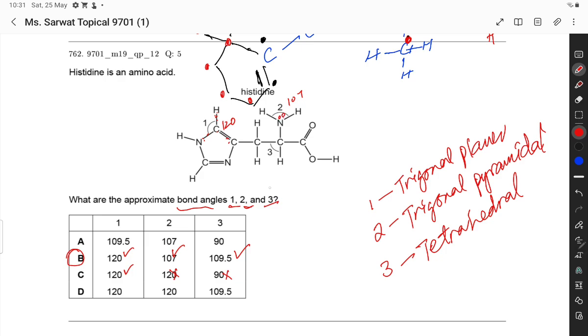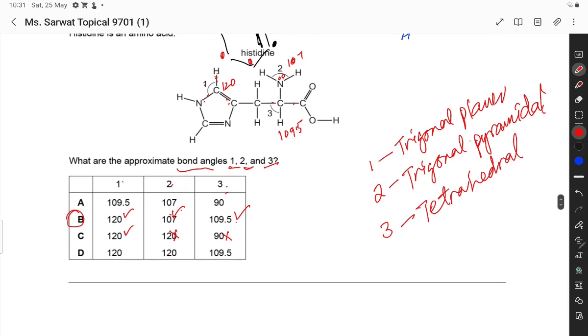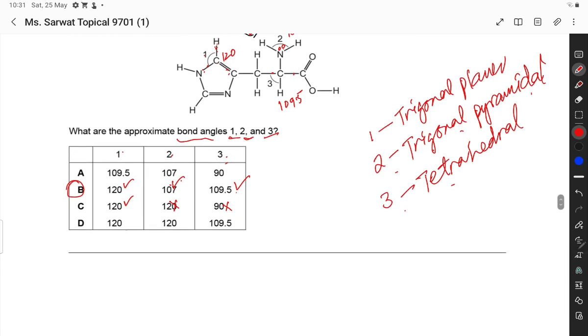This is trigonal pyramidal, so this is 107, and 3 is 109.5. So 1 is 120, 2 is 107 and 3 is 109.5. So 1 is trigonal planar, 2 is trigonal pyramidal and 3 is tetrahedral.